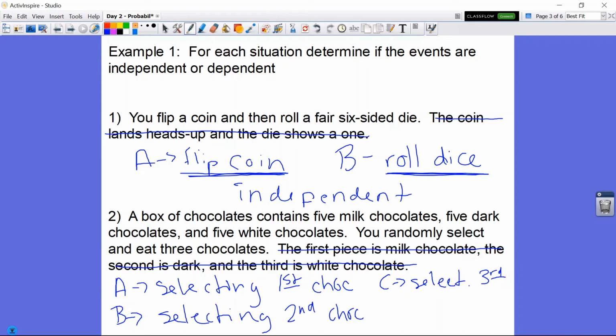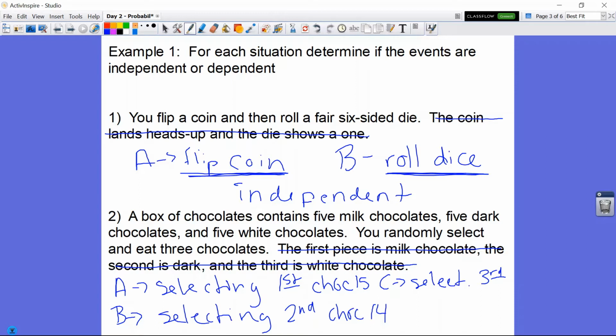If we think about selecting the first chocolate, when we initially draw, there are 15 chocolates to choose from. After we choose that one chocolate and eat it, I would assume that we're not going to put it back in the box. So when we pick that second chocolate, we only have 14 chocolates to choose from.